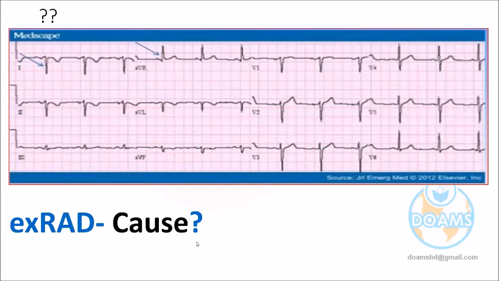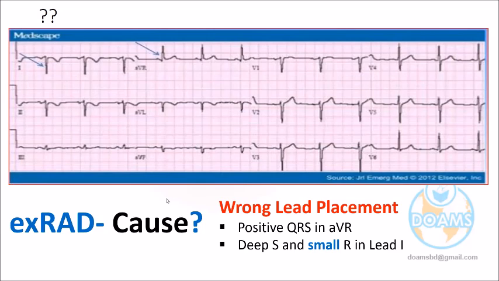The reason behind it is a defect, wrong lead placement. And this wrong lead placement is usually found in the limb leads. The nurse or even you or myself might put the right limb lead to the left and left to the right. For that, this difference happens, showing extreme right axis deviation.